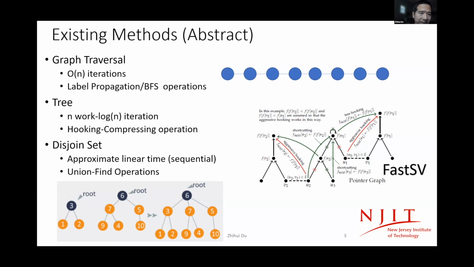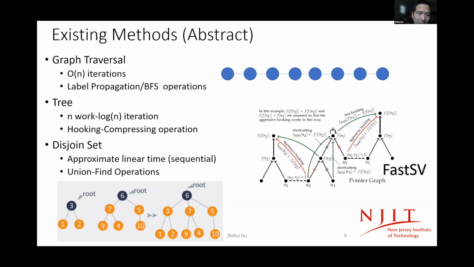Another is the tree-based method. It abstracts the problem as a tree building problem, using different hooking or compressing methods to build a tree to represent different components. The third method is the disjoint set-based method.